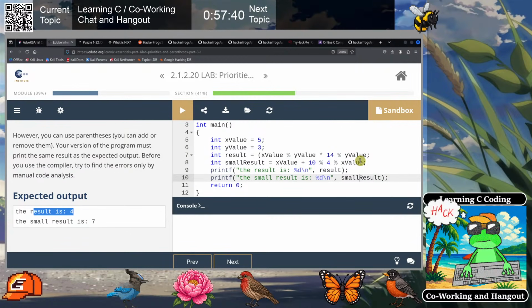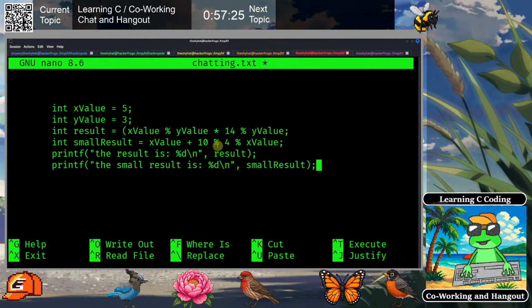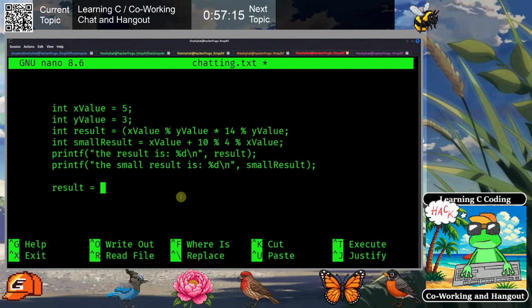So we need to get the number 4. Let's try this out in Nano. So result equals 4, and small result equals 7.